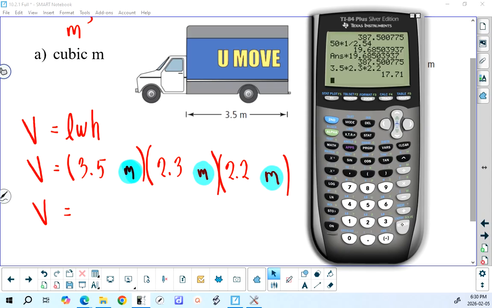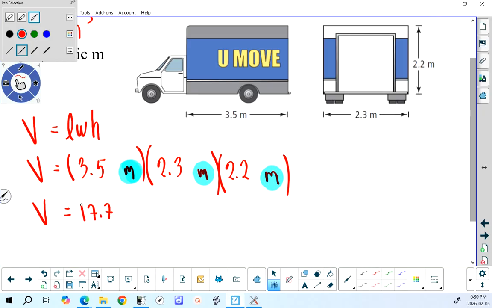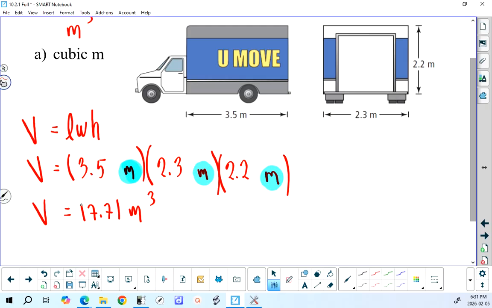Just double check my entries. Looks okay. Cubic meters. A cubic meter of space is a box that is 1 meter wide by 1 meter tall by 1 meter deep.